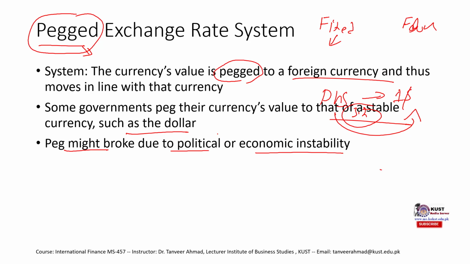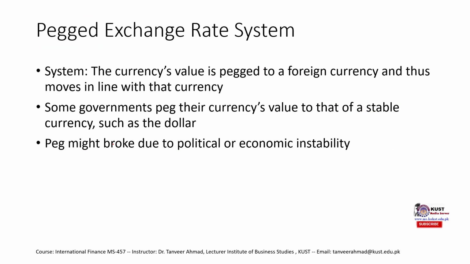But if there is political or economic instability, then the demand for foreign currency would increase quite a lot, and the central bank might not be able to continue the peg. They might not have enough reserves, and that way the peg might be broken.